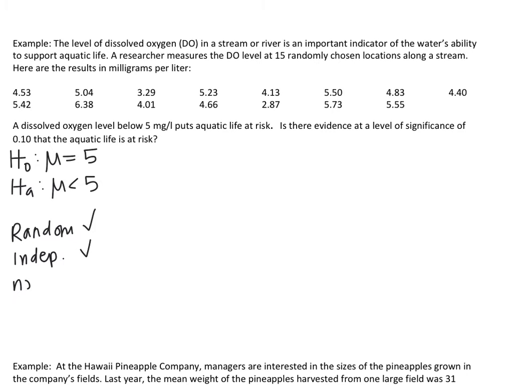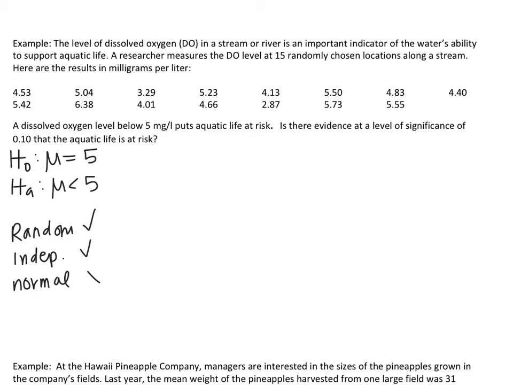Now, is it normal? So this is where we run into a problem because we only have 15 locations, so it is not normal. So what we're going to do here is we're going to take a look at the graph that we're going to get.